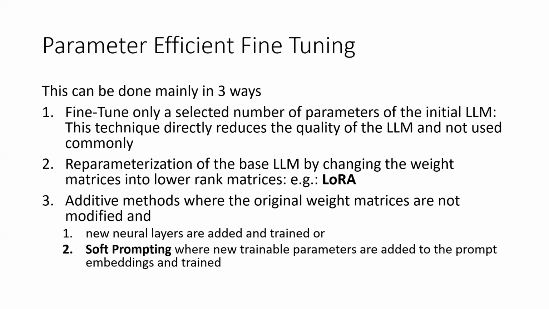You are only updating the newly added embeddings for your new dataset, right? So new embedded vectors are added into the embedding space, trained with the new dataset. That is also a very efficient way of fine tuning the model, which is also a way of avoiding the catastrophic forgetting.